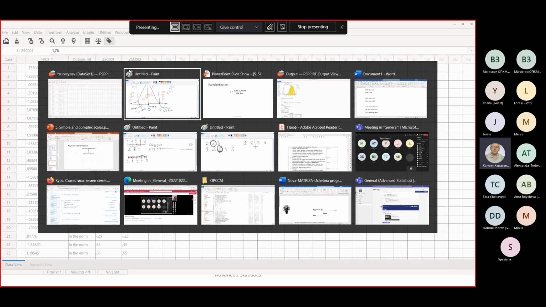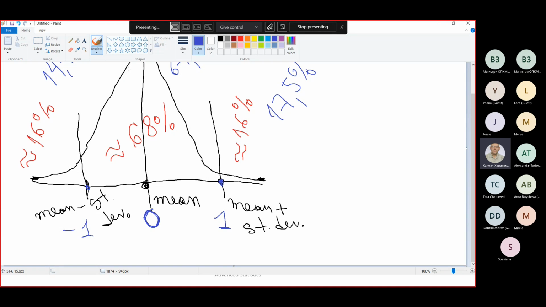That means that this value is between -1 and +1, and this individual is in the norm, but -0.7 is here, in the norm, close to the lower limit, to the lower border.